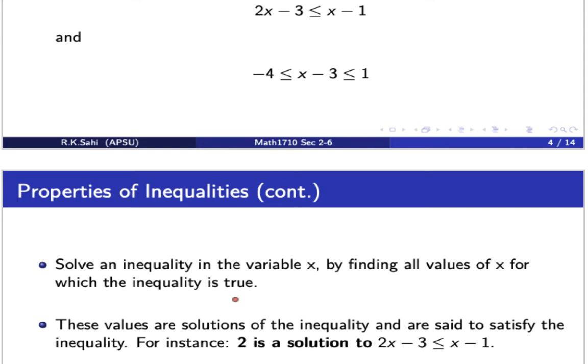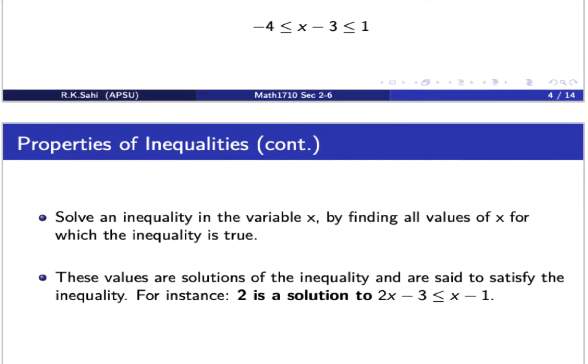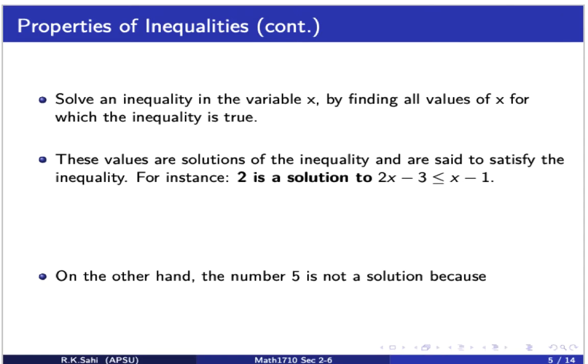So let's look at this example, 2x minus 3 less than or equal to x minus 1. Now, we know that 2 is a solution, so let's prove it. Is 2 really a solution to this? You take 2 and plug it wherever you see an x.